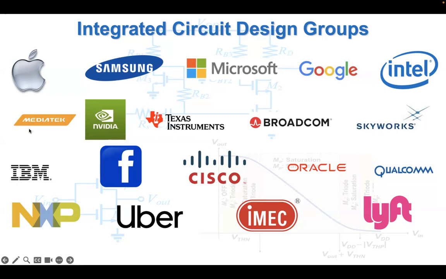MediaTek, a big company that produces ICs in radio frequency radios for a number of applications, including Wi-Fi and cell phone. NVIDIA, which is primarily a graphical processing interface and also the analog and mixed signal engine for ML and AI. Texas Instruments, mainly providing the chips for digital signal processing.